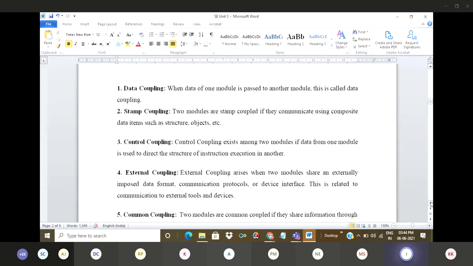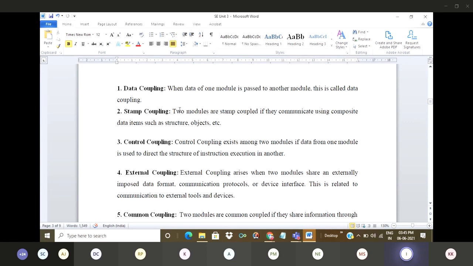What is data coupling? When data of one module is passed to another module, that is called data coupling. Stamp coupling: two modules are stamp coupled if they communicate using composite data items such as structures and objects.